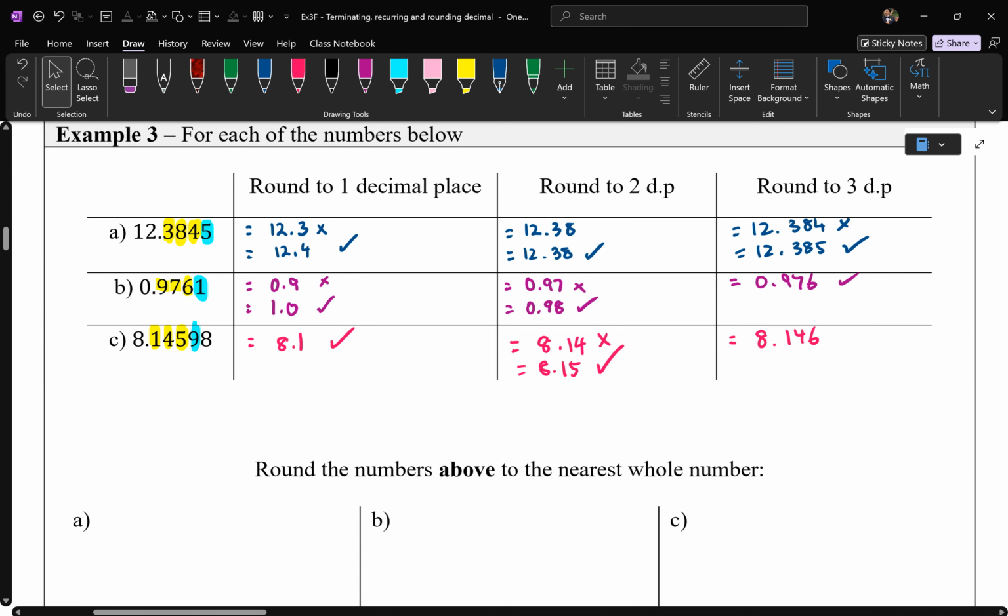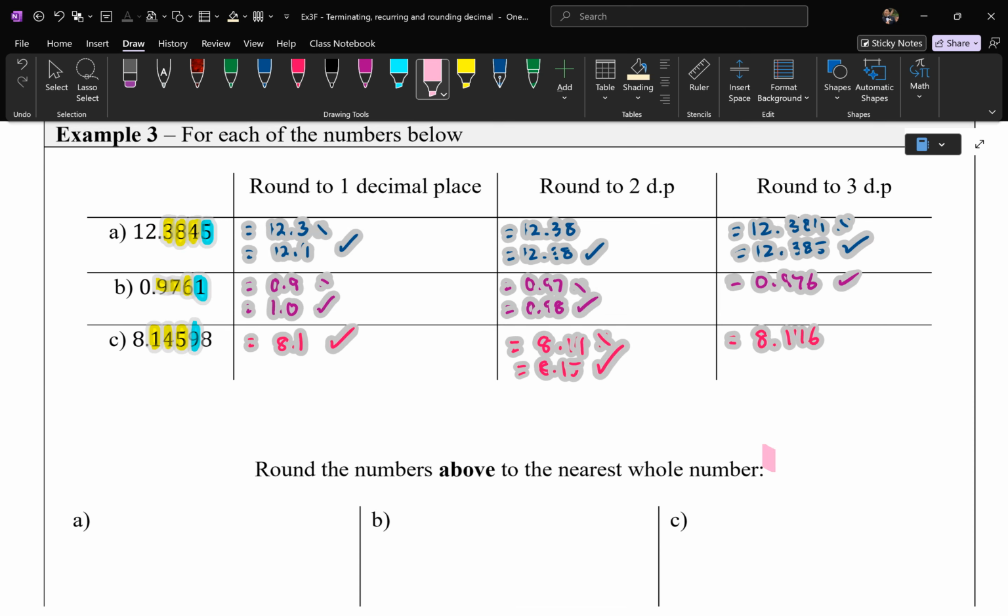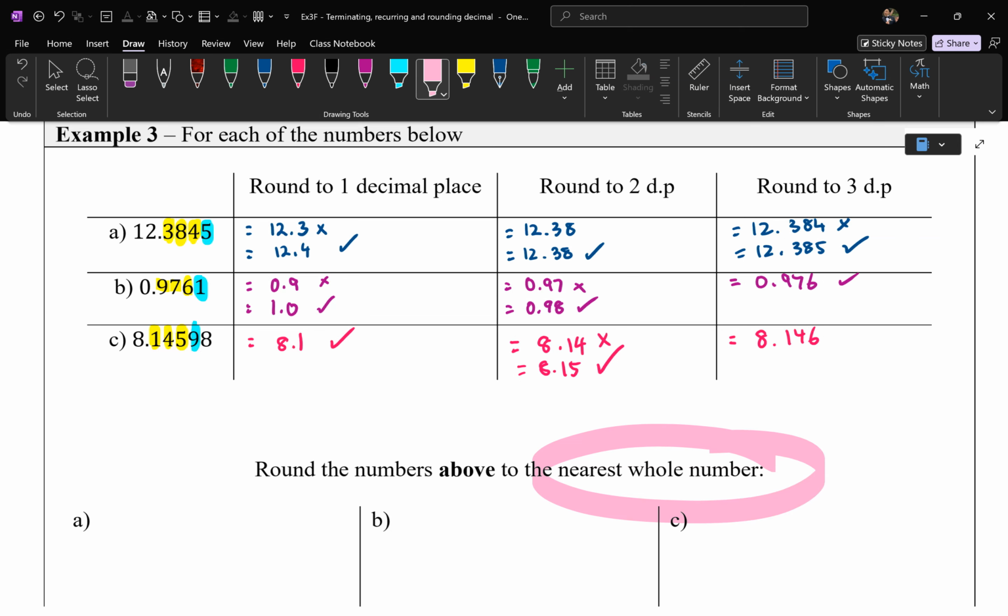Now the question, which I find very interesting: you guys can do 1, 2, and 3 decimal places, but when I put this in a test, I get a lot of random answers. If I want you to round it to the nearest whole number, it means instead of doing it to 1 decimal, 2 decimals, 3 decimals, it means to the nearest unit. So, let's do the first one. 12.3845.